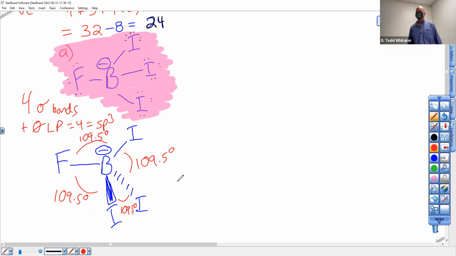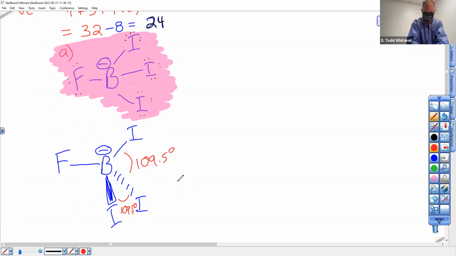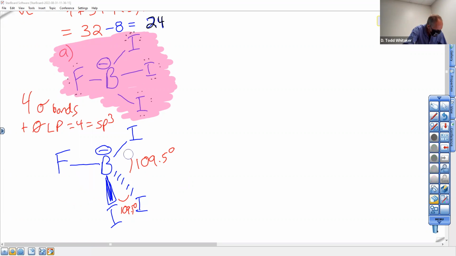How about we do that? Watch. Get rid of all that work because it's too much work. You can give me the same knowledge. Oh gosh, I didn't want to get rid of that. That was useful. I'm going to get rid of this. I'm going to point to boron and say all angles off of the boron, 109.5.